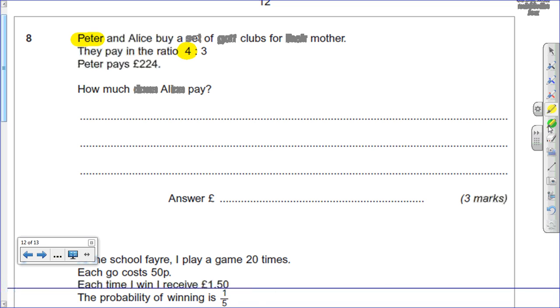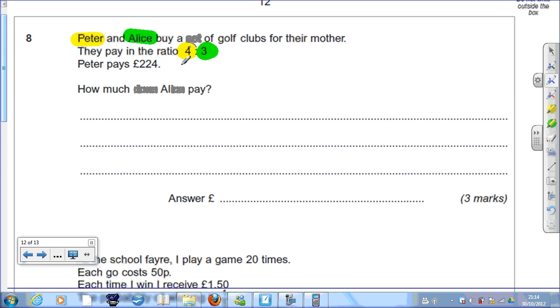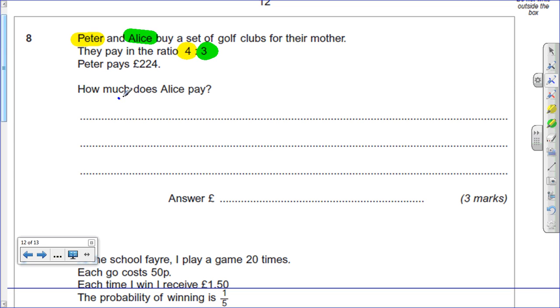If we put the pound sign in, we can get the units. So we do 3/4. I think it's because this video's taken so long. I'm getting bored now. Hang on, probably you are as well. So it's 3/4 times 224. She gets £168.